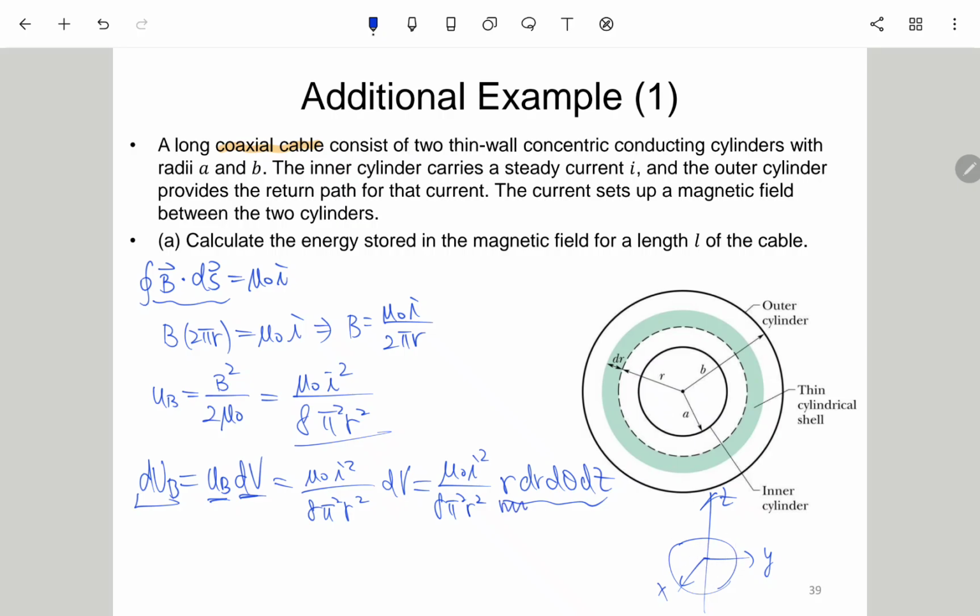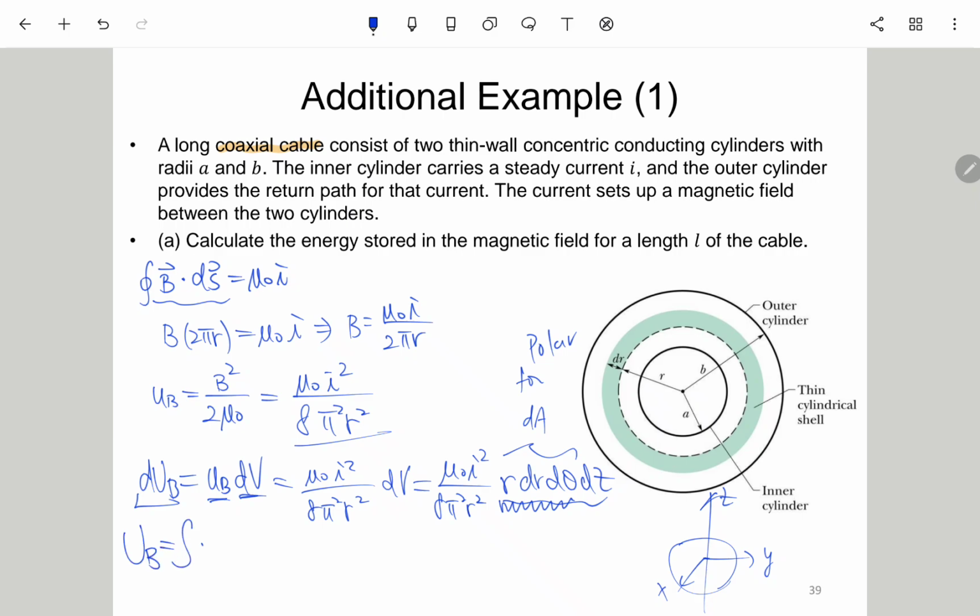So this is the area for the polar part, dA for the polar coordinate. The area in polar coordinates is r dr d theta, which we have said many times before, so I won't repeat it, multiplied by a height. Okay, so this is actually big UB. Let me write it like this.